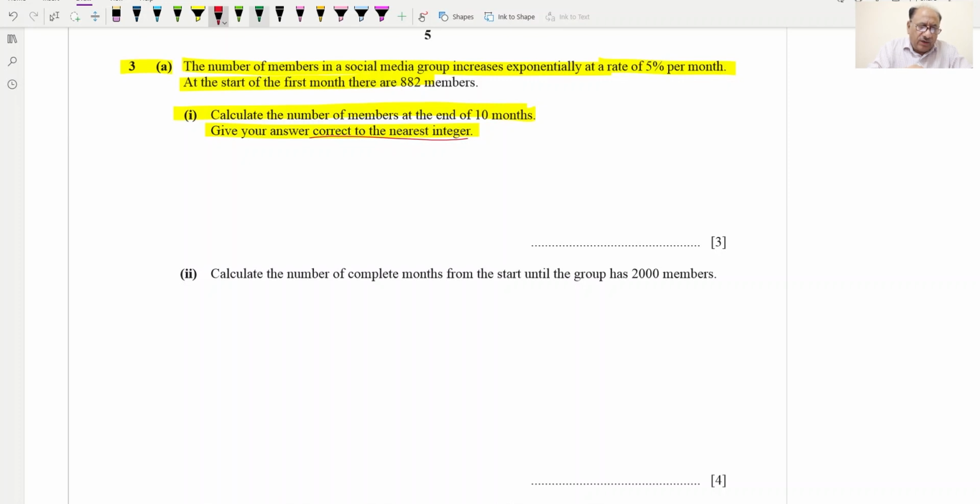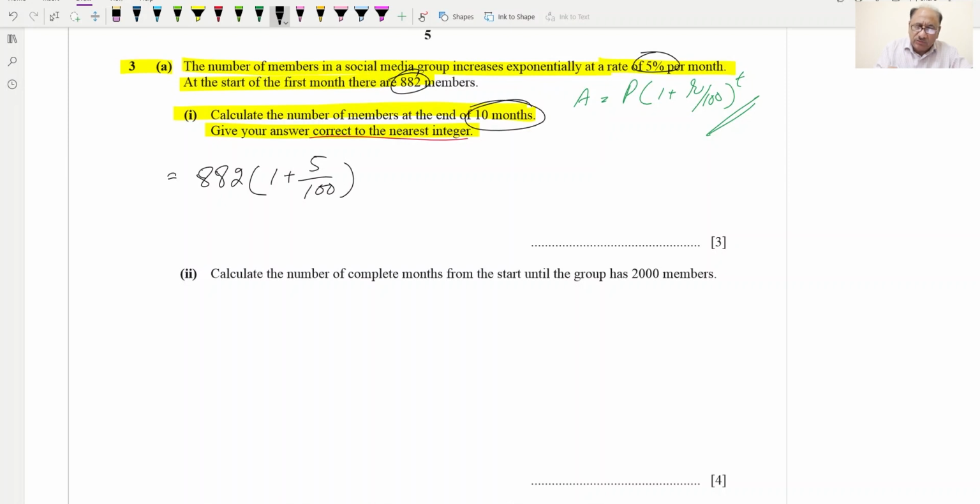Okay, so for exponential increase, we are using the compound interest formula. You can say A is equal to principal amount into 1 plus rate over 100 raised to power time duration. So this is the same formula which we'll be using here, and this will be equal to principal members, this one 882. So 882 into 1 plus rate is 5%, 5 over 100, and time duration is for 10 months.